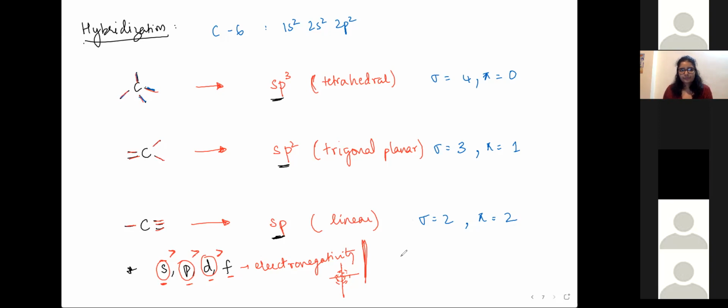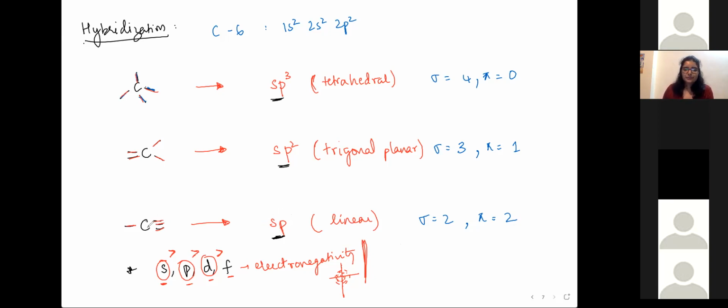sp. Yeah. Okay. What is your reasoning? Why do you think it's sp? sp has a triple bond, and that's really hard to break. Yeah. You're right that this particular carbon is going to be the most electronegative, but the reasoning comes from the hybridization.